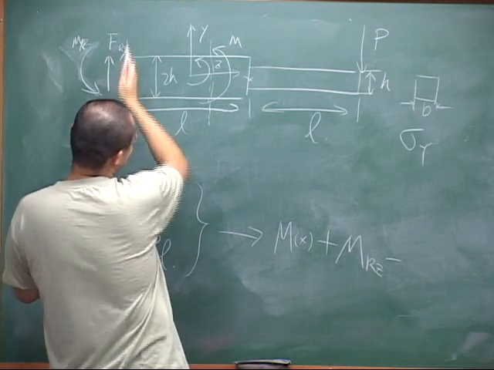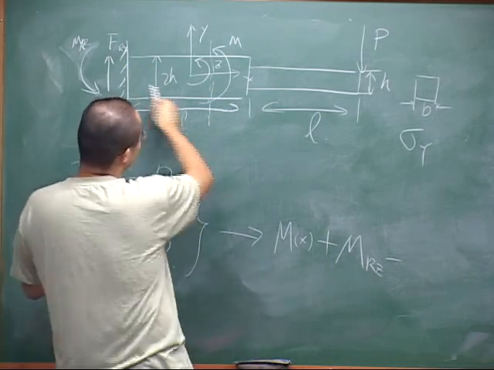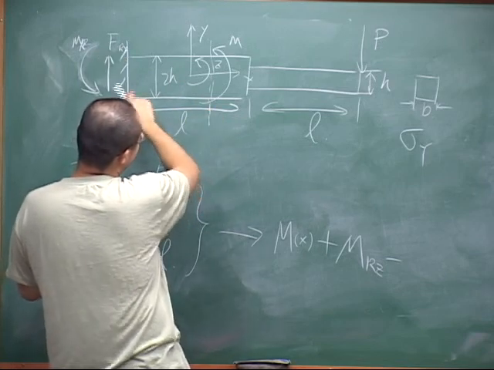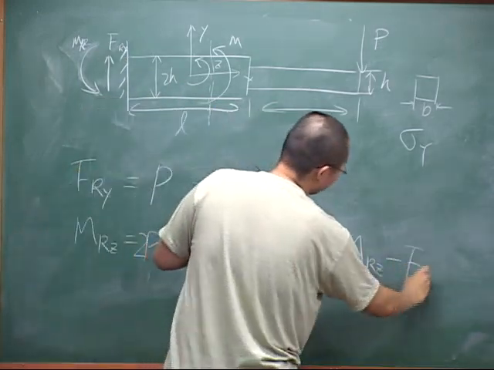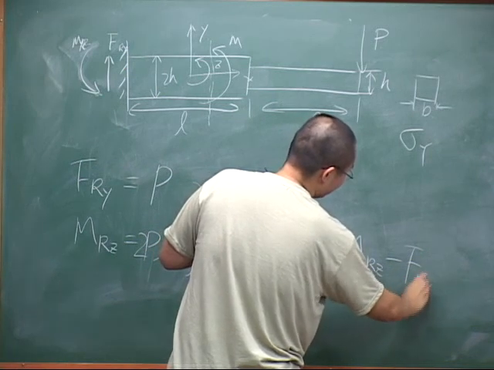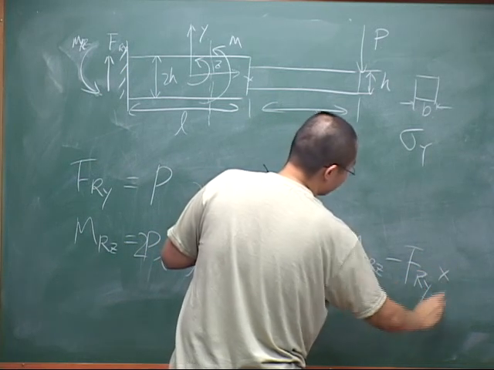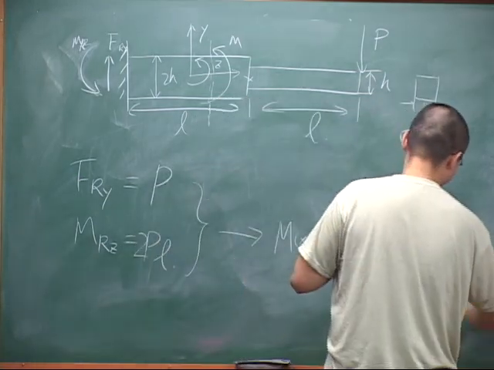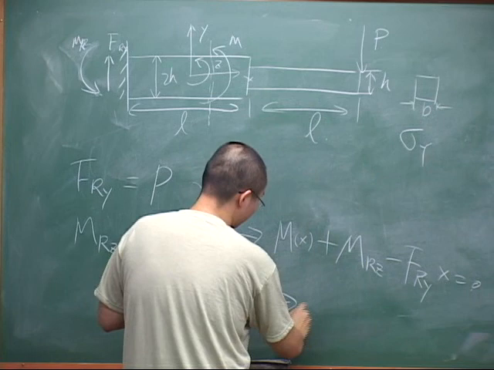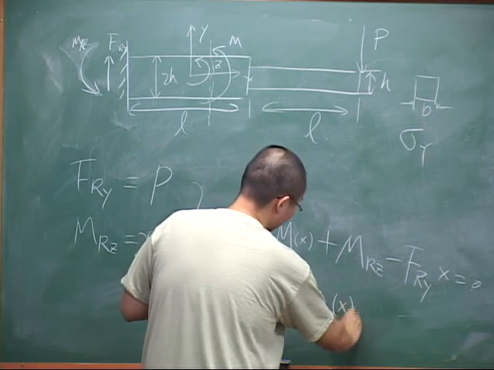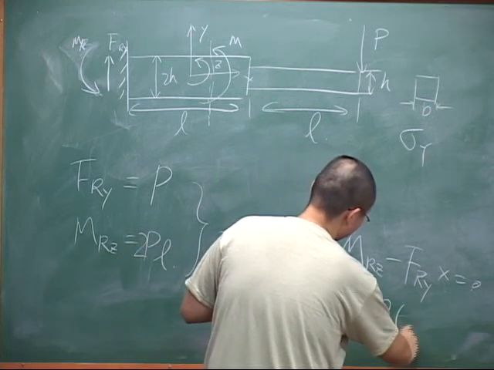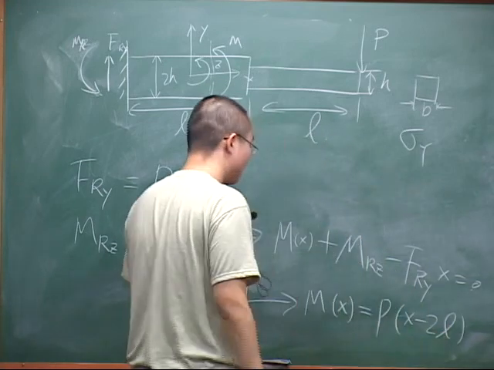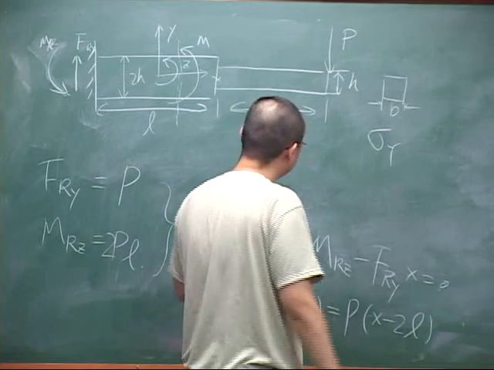Because F is pointing upward, so the moment generated by F at this distance X should be minus FRY times X, equal to 0. And you can find M. Am I right?